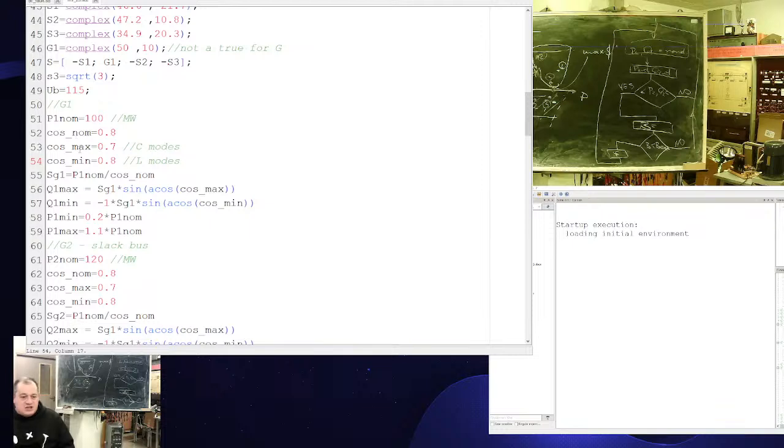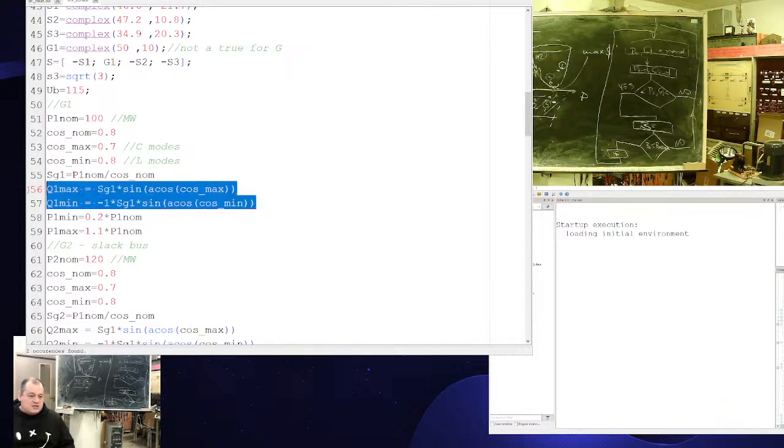From these digits, I first calculate full power, or apparent power, and with these two nice formulas, I'm getting in real, named values the maximum allowed reactive power and minimum allowed reactive power.